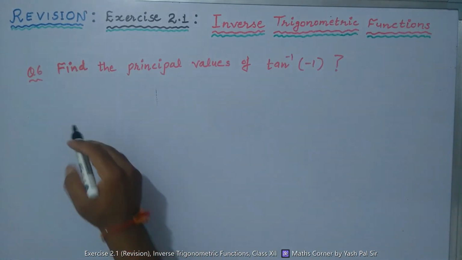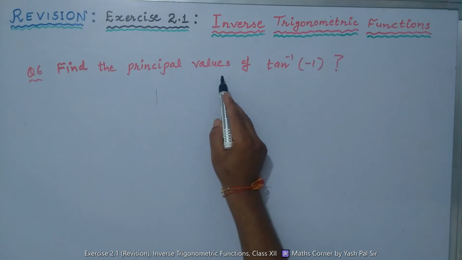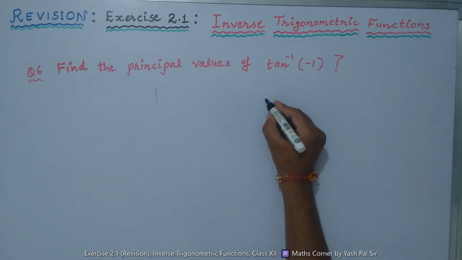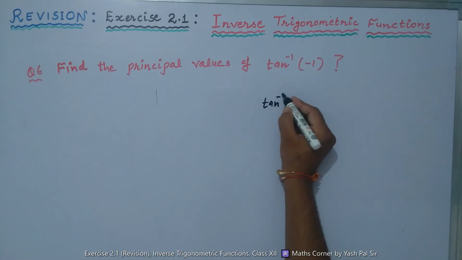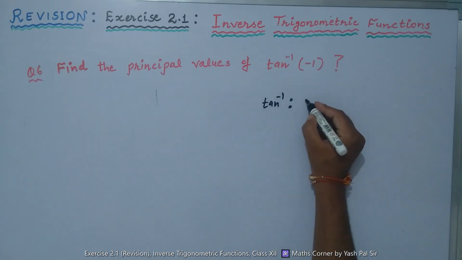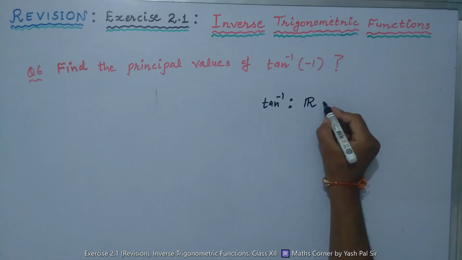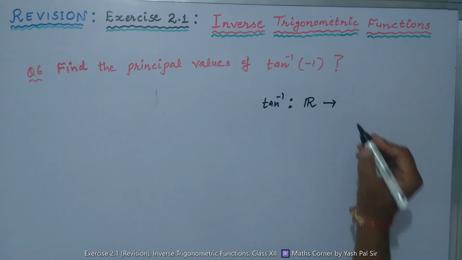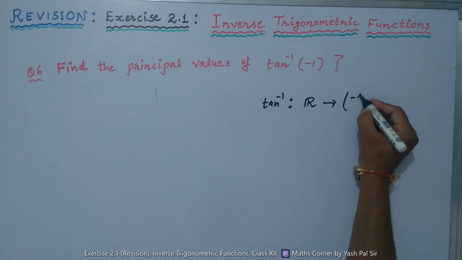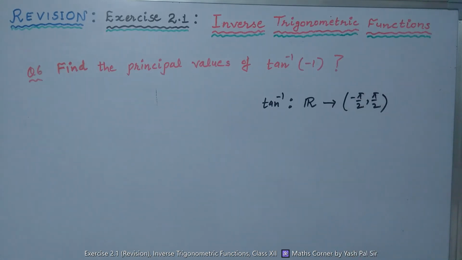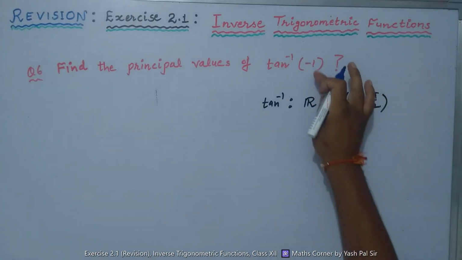Now coming to question number 6, find the principal value of tangent inverse of minus 1. First of all, the principal value branch of tangent inverse has the set of all real numbers as its domain, and the range is minus pi by 2 to plus pi by 2. Now this is minus 1.